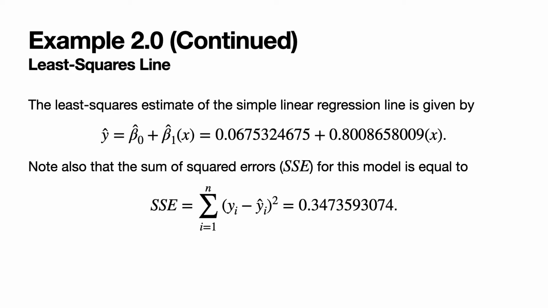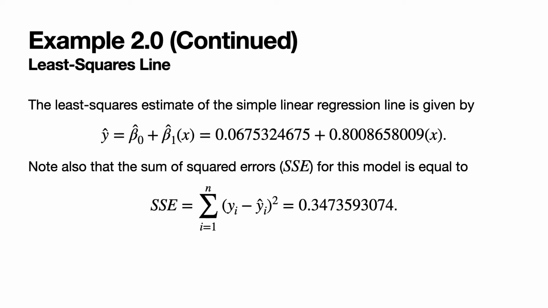Again, once we have the least squares estimate of the simple linear regression line, we can evaluate that line at the values of x in our data set, and that will give us the predicted value of y for each observation in the data set. It will give us the y hat values.